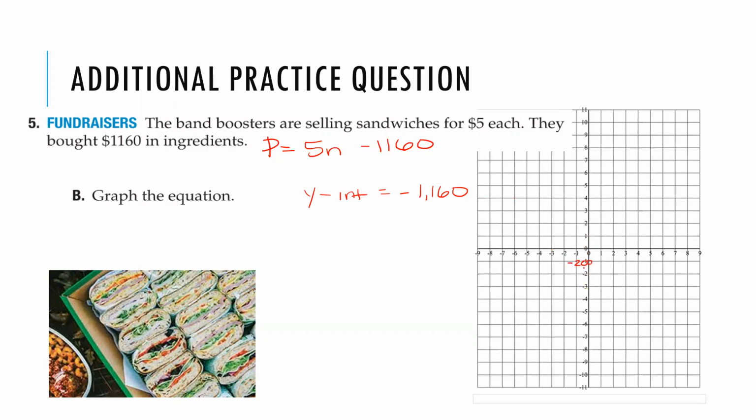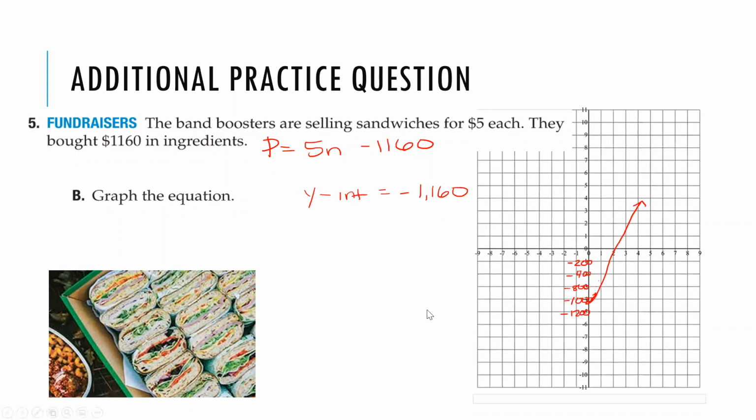So this would be negative 200, negative 400, negative 800, negative 1,000, negative 1,200. So the y-intercept is a little bit below negative 1,000. And then the slope is 5, so you go up 5 over 1, up 5. You're basically going up this way, like this.